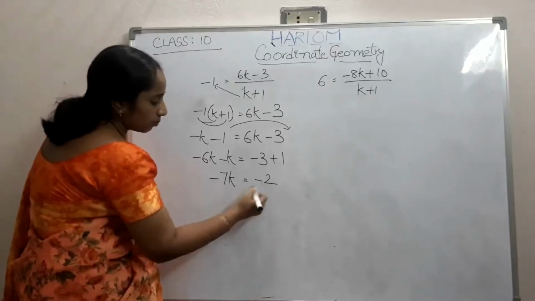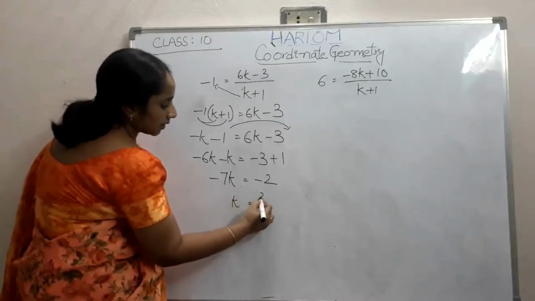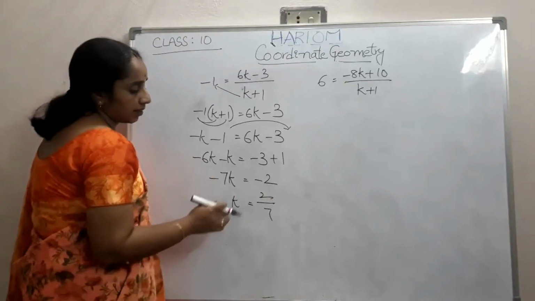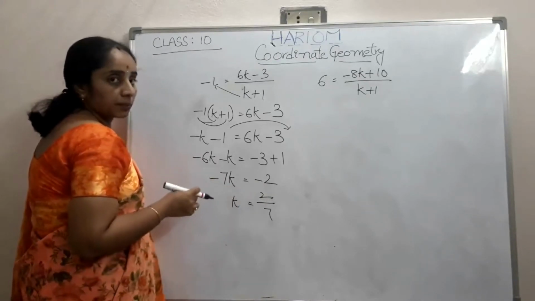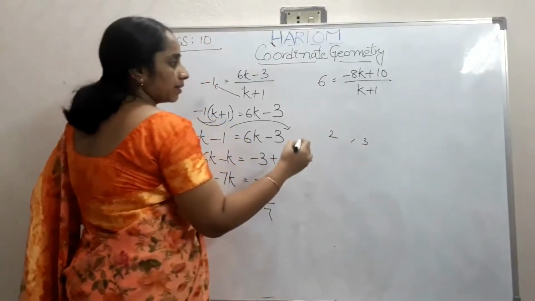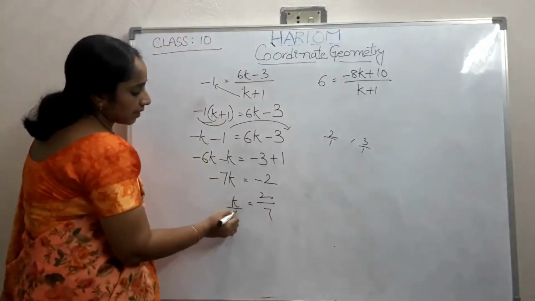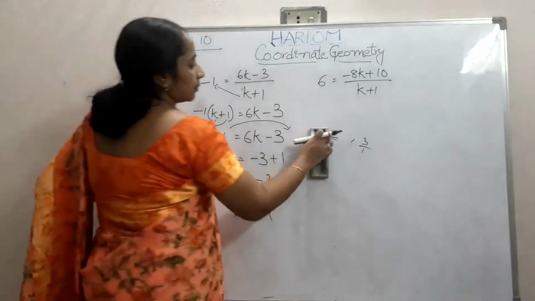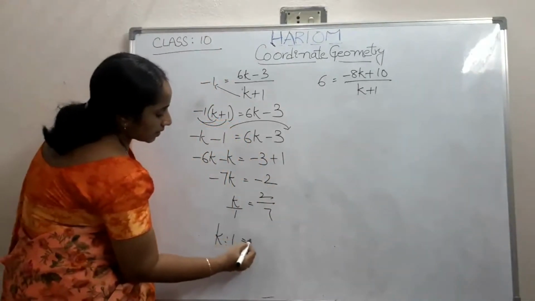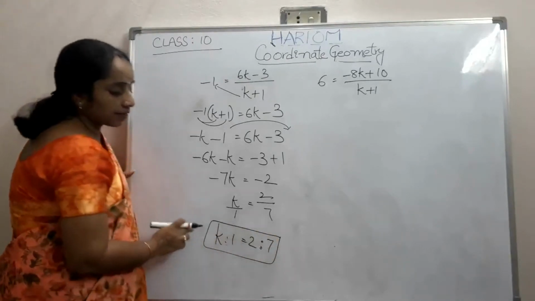Now on both sides we have a negative sign, so it becomes a cancellation. Now it is k is equal to 2 by 7. As you know, in rational numbers 2, 3 can be written as 2 by 1, 3 by 1. Here also it is k by 1. So k is to 1 is equal to 2 is to 7. This is our required ratio.